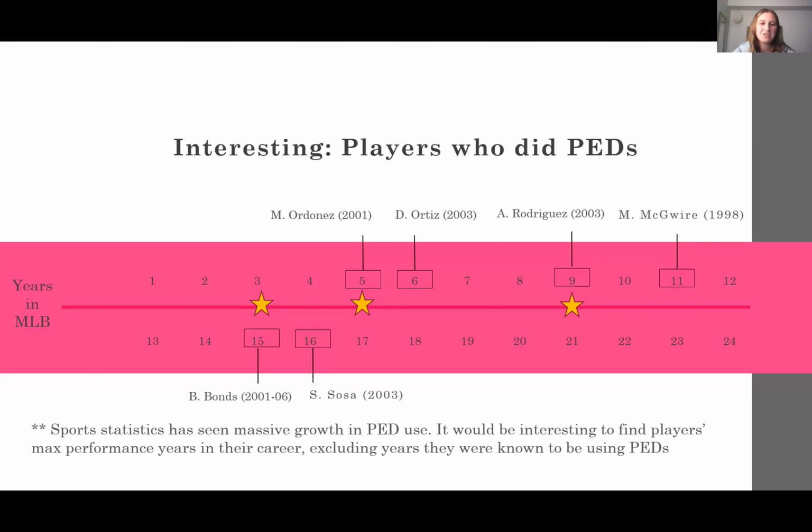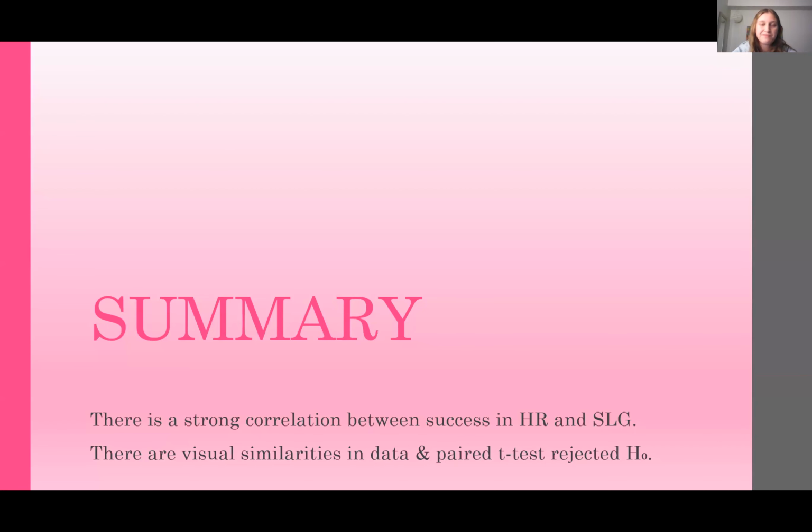So one could assume that the drugs had something to do with their performance. Since sports statistics has seen such a massive growth in PED use, it would be interesting to calculate their max performance in their career, again, excluding years they were known to have been using performance enhancing drugs.